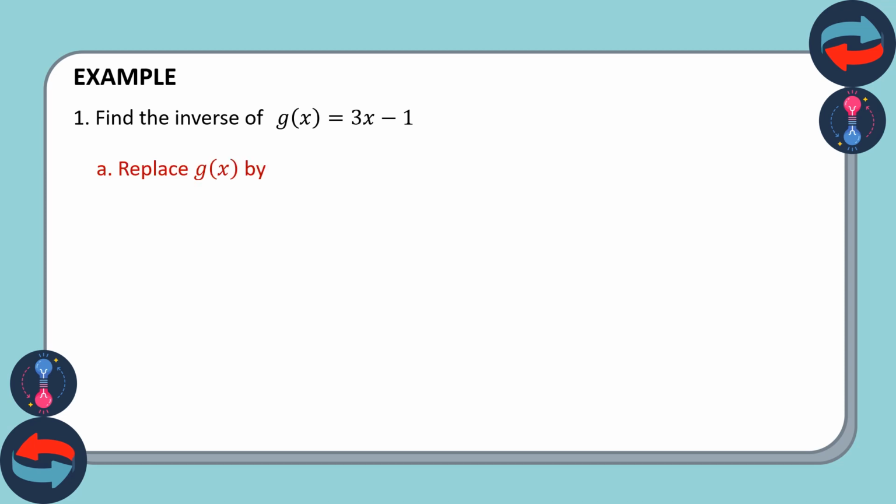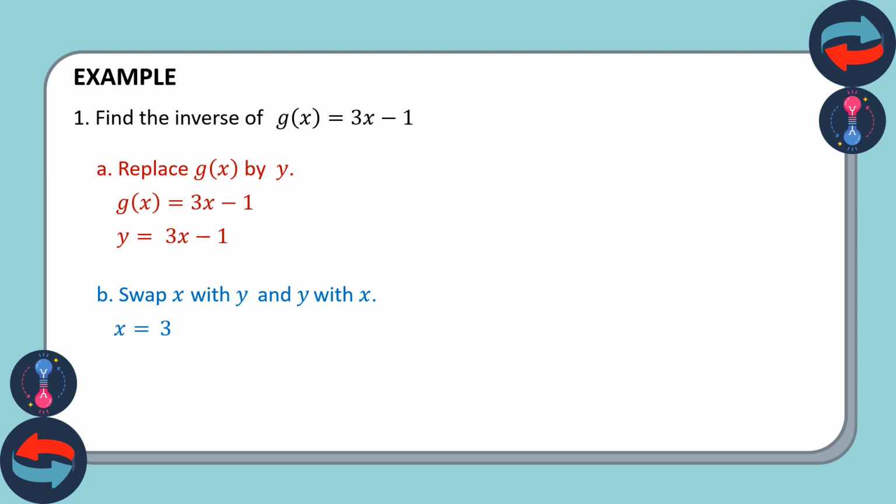So we replace g of x by y. g of x equals 3x minus 1 is now written as y equals 3x minus 1. Next, we swap x with y and y with x. So we have x equals 3y minus 1.